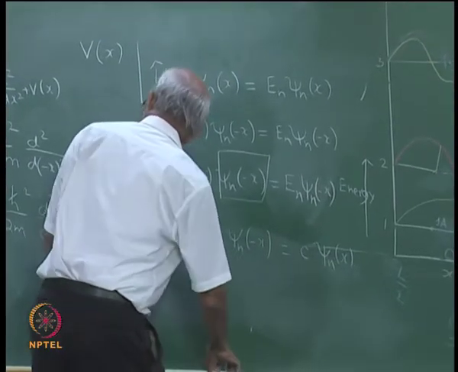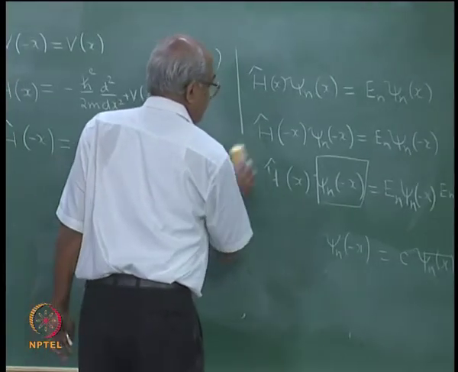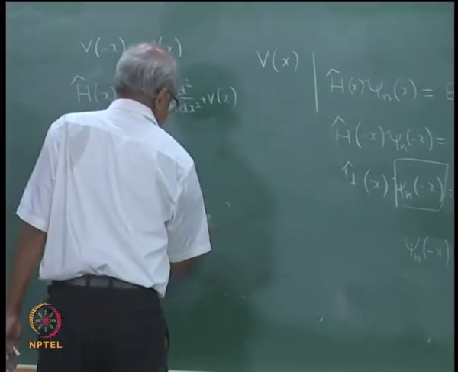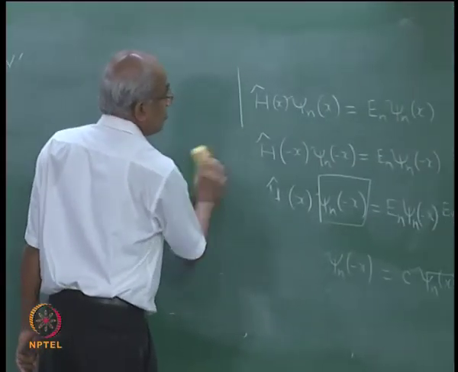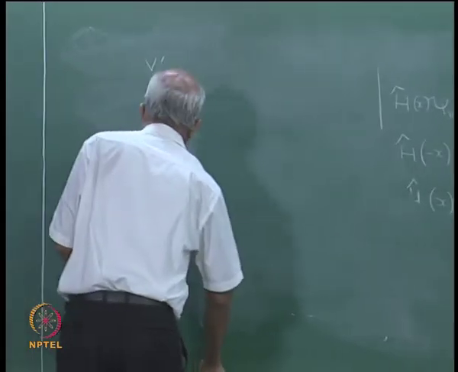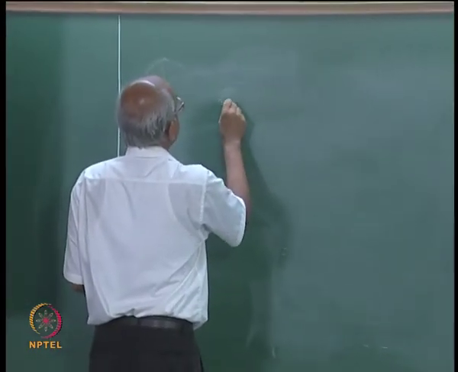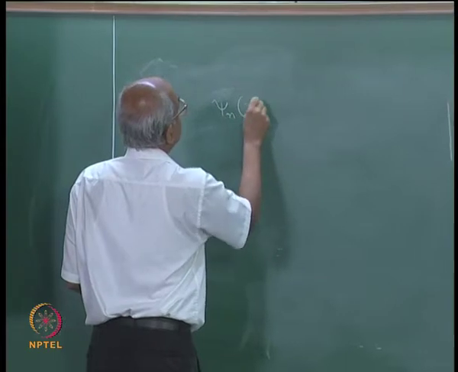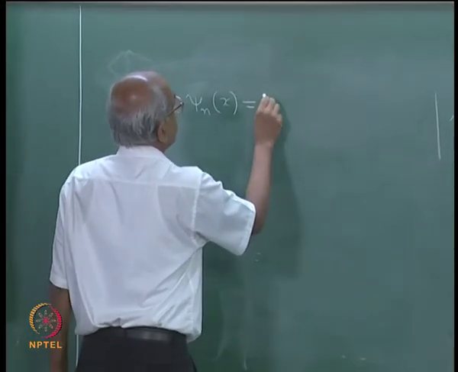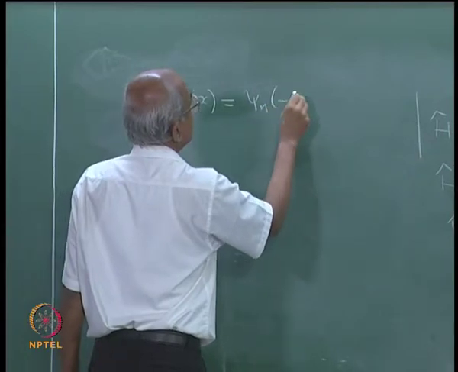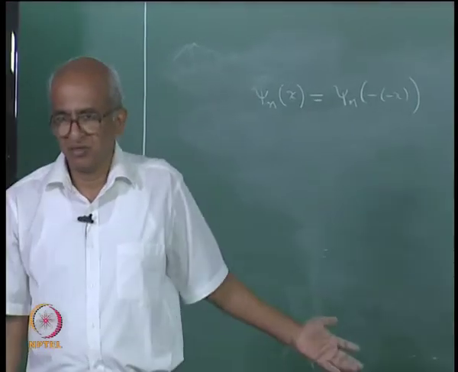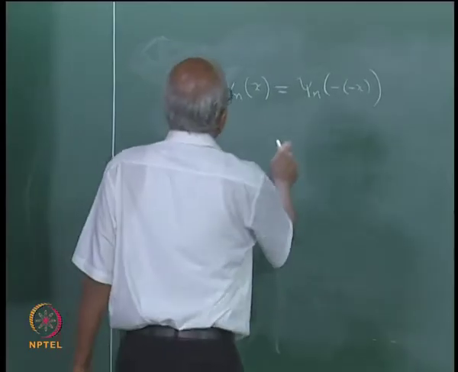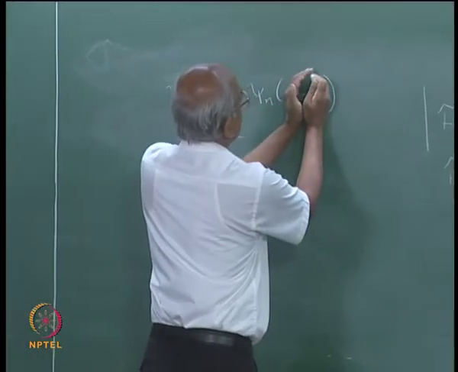So, if that is the way it is, I can do the following. Let me remove everything else, I do not need anything else now. Let me now think of psi n of x, which if you like I can write as psi n of minus of x, correct. This is only a trick. So, psi n of x must be equal to psi n of minus of x, but then there is a negative sign here, think of this as one unit.